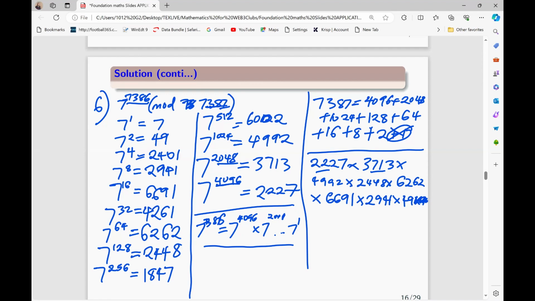So we're going to pair 2227 times 3713 mod 7387.